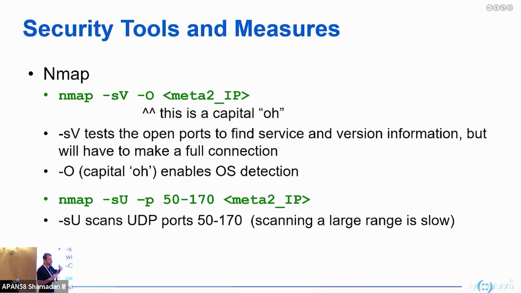So this version scan connects to a port and waits for that banner message to see what version of the software is running. Now we're adding on something else here. This is a capital O, so not a zero, not a lowercase o, but a capital O, and that stands for operating system detection. This is an interesting bit of technology.